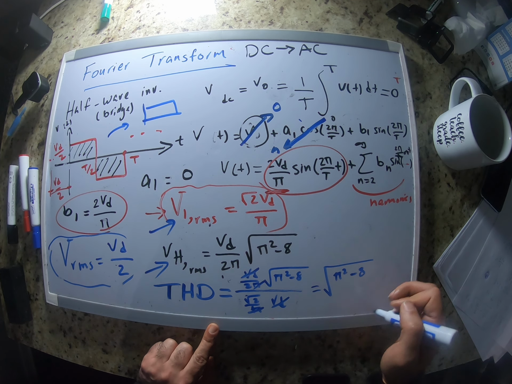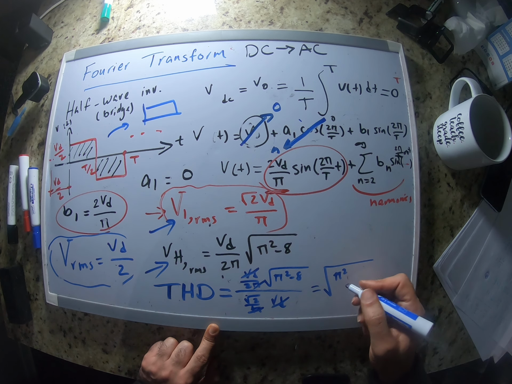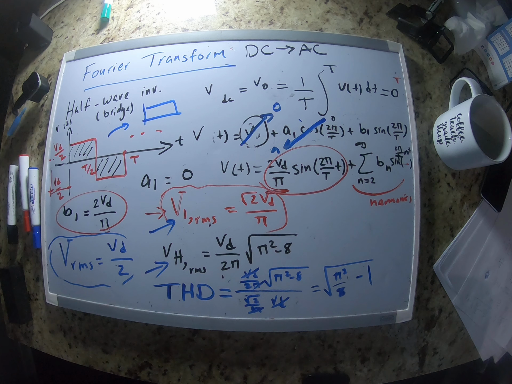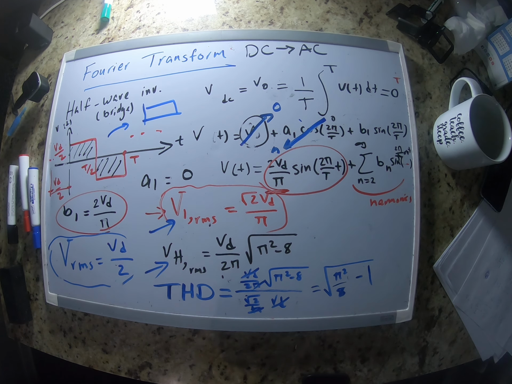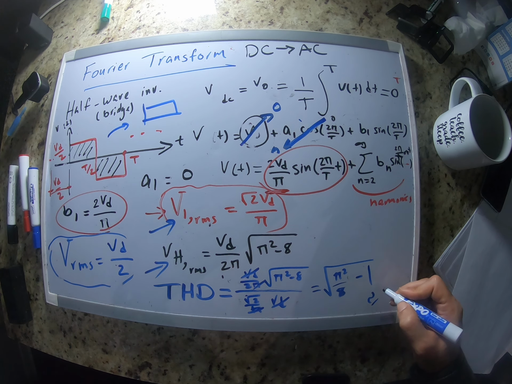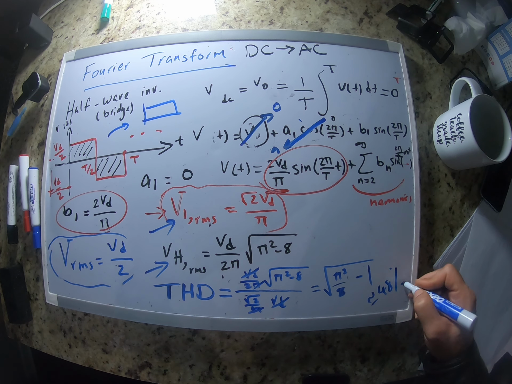So it's basically root of pi squared divided by 8 minus 1. You can calculate this value. I did it before. Yeah, so it should be about 48% if I haven't made any mistakes.